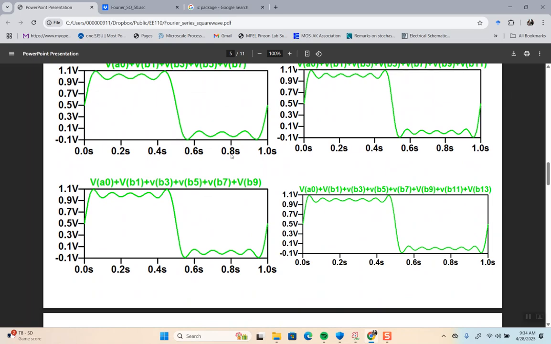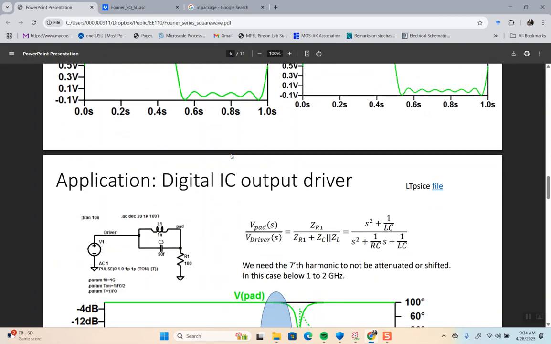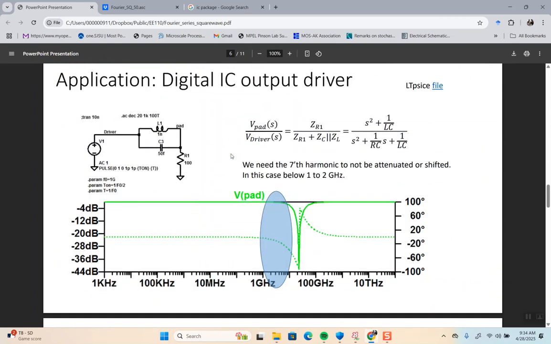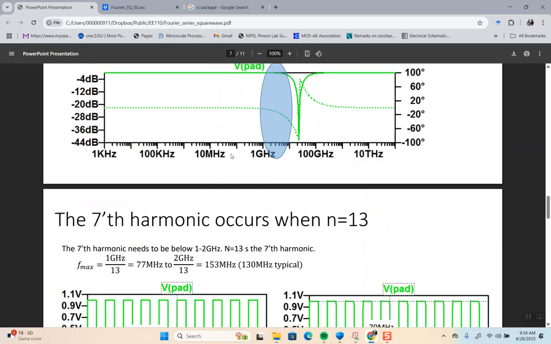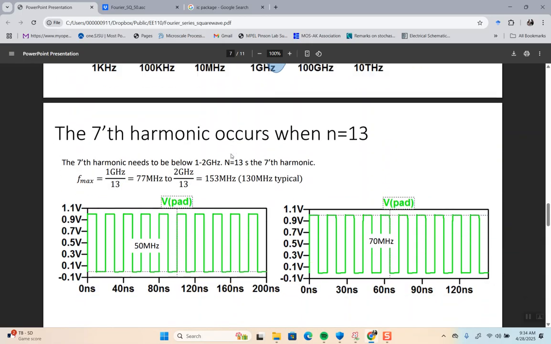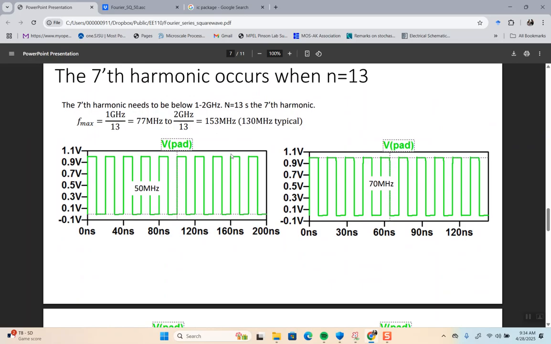The better the square wave, the better your logic levels are going to be, the fewer errors. And now we have something blocking it. So seventh harmonic occurs when n equals 13. And now what I'm trying to do is just show you the seventh harmonic needs to be below 1 to 2 gigahertz. That means my maximum frequency is about 153.